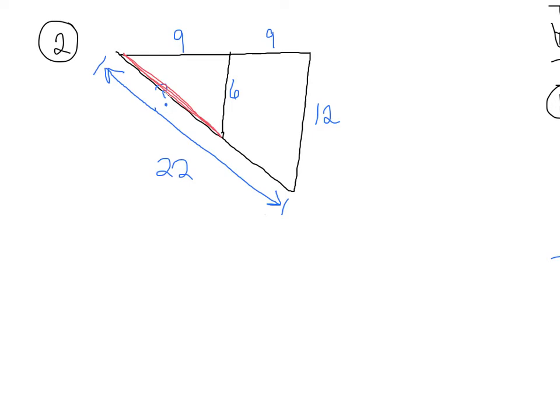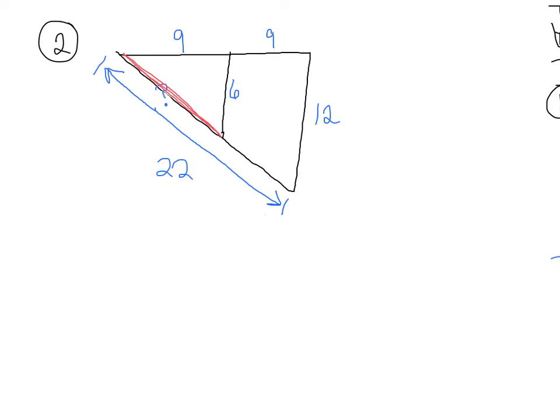Now notice we have enough measurements here to help us. We have information about all three sides, basically, some information. So we only need to use two corresponding pairs to create our ratio.